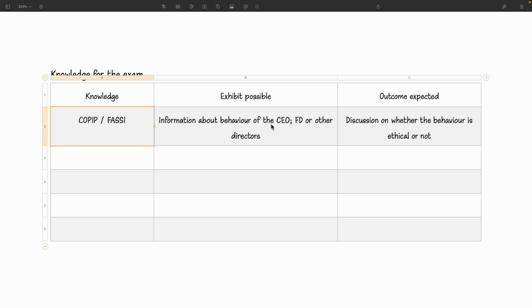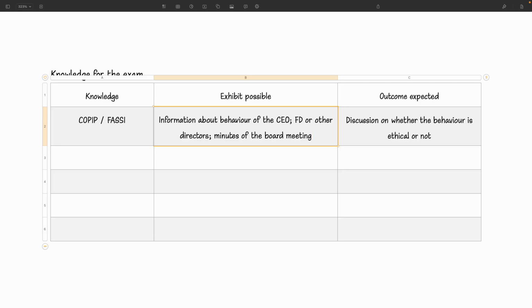The exhibit might give you information about the CEO, FD, or other directors, or it might be the minutes of the board meeting. Now, this has come out before in Railco, where they gave you the information about the board minutes.